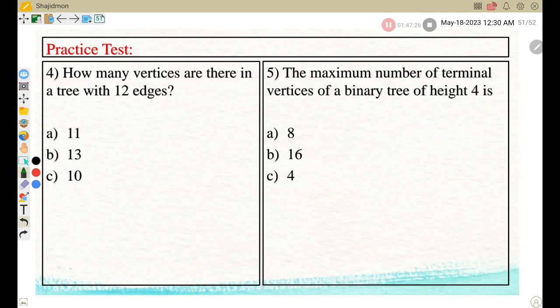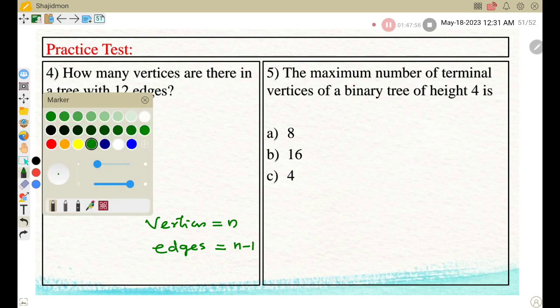How many vertices are there in the tree of 12 edges? Number of vertices, n means vertices. Okay, I will write here vertices equal to n means how many edges will be there in the tree? N minus 1. Correct. We studied that a tree with n vertices has n minus 1 edges.